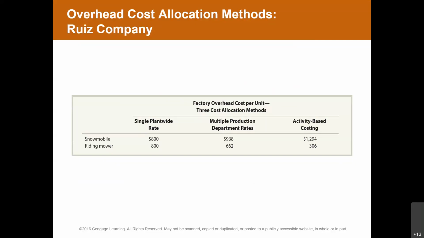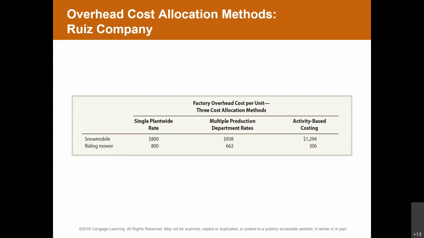But then it gets really granular with activity-based costing: $1,294 for the snowmobiles and $306 for the riding lawnmowers. You can see that with activity-based costing, in comparison to the other methods, it is really the most specific and probably the most accurate, instead of just doing this kind of blanket allocation.